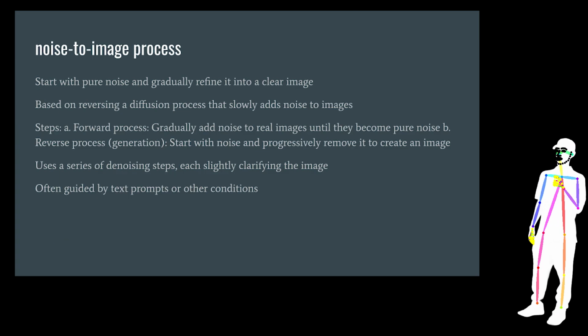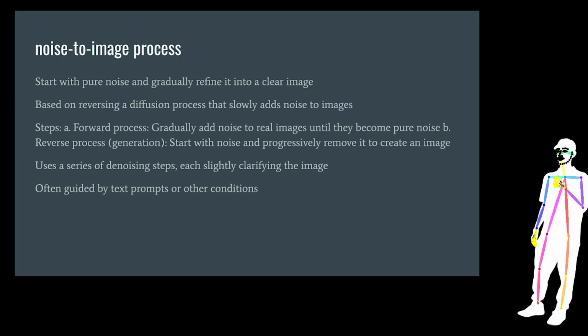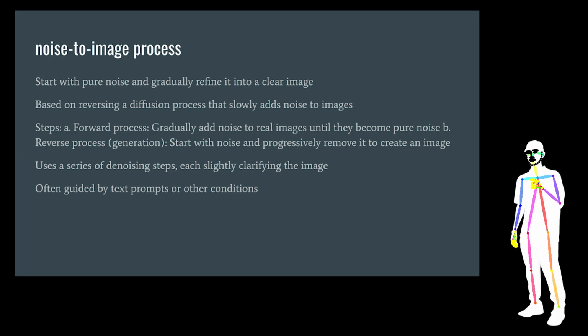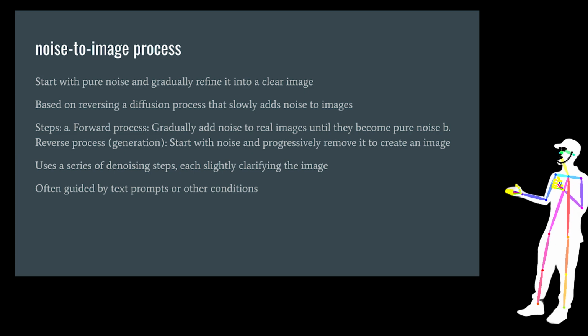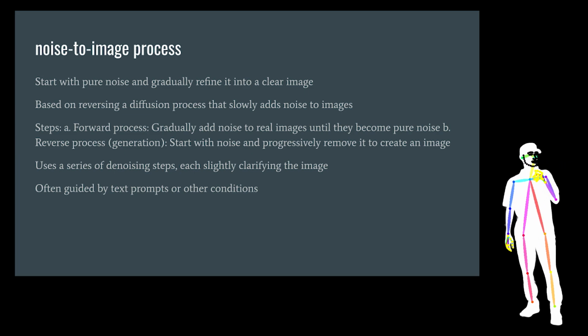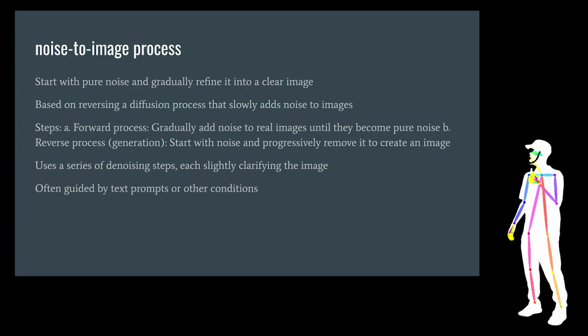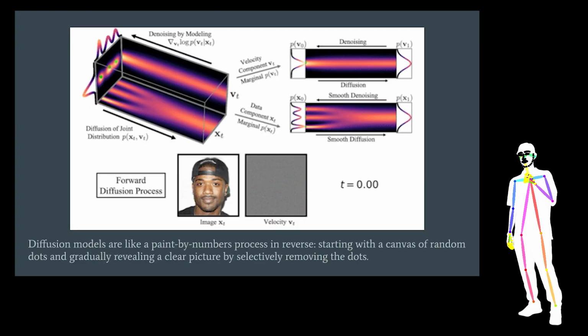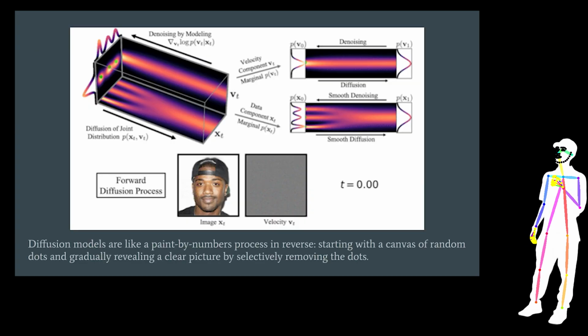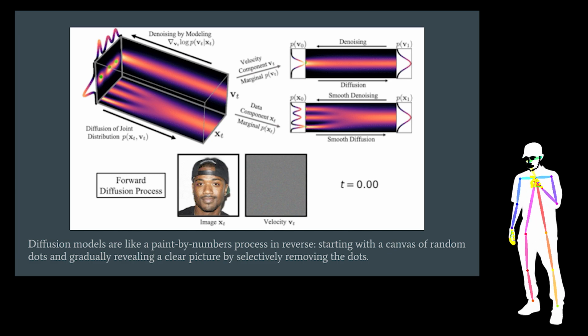Now, this is basically what I just said. So the forward process adds noise to real images until they become pure noise. It's using a Perlin fractal noise. There's a whole bunch of different noise patterns, but you might be interested in that. Okay, so here we've got the learning process going one way, and then we have the inference process going the other way.